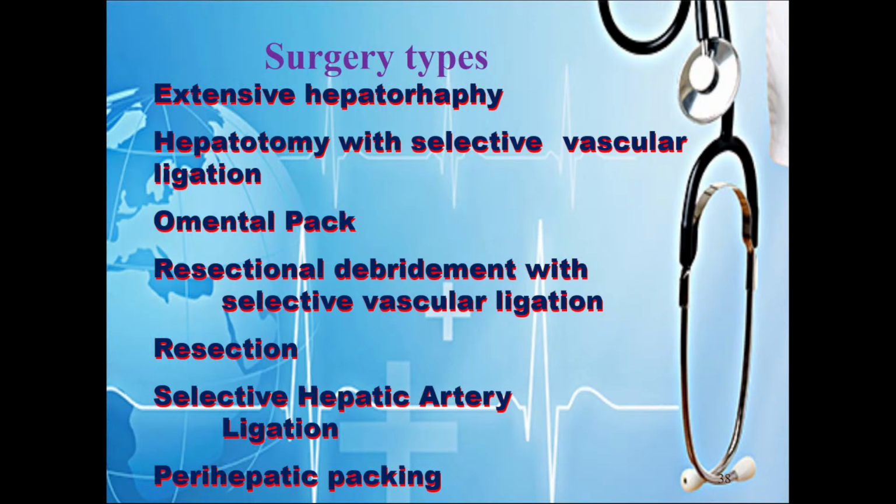So, hepatotomy with selective vascular ligation in case of intraparenchymal bleeding. An omental pack also can be used. Resectional debridement with selective vascular ligation, resection of the liver, selective hepatic artery ligation, and perihepatic packing. All these methods can be used.